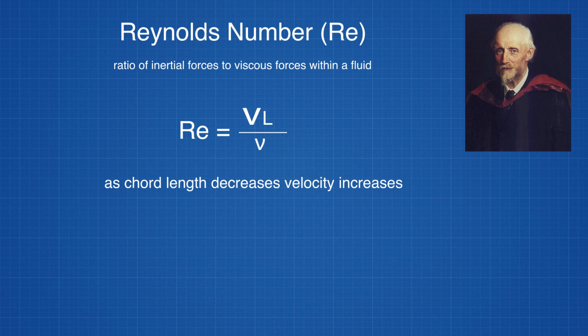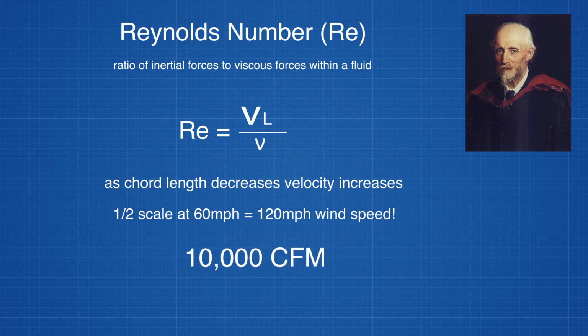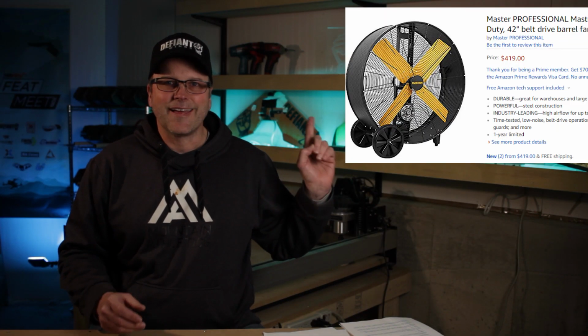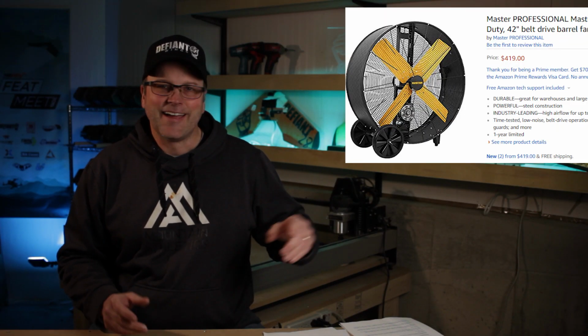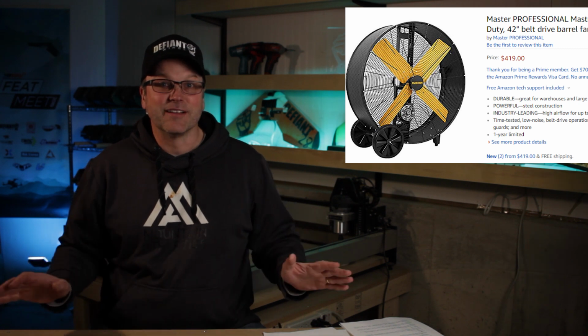So, in our case, if we look at a half-scale model at 60 miles per hour, we would need an airspeed of 120 miles an hour. So, for my little wind tunnel, if you do the math, that means we need a 10,000 cubic feet per minute fan. And that is a 10,000 CFM fan. And I can tell you that is definitely outside the budget of this project.